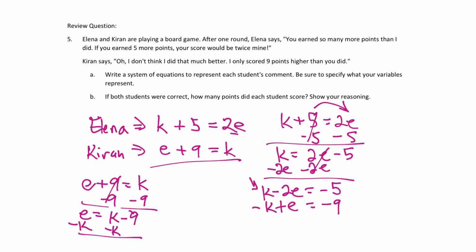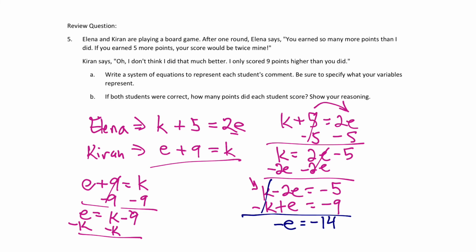Now I can add these equations to eliminate the K's. K minus K is 0. Negative 2E plus E is negative E. And negative 5 and negative 9 will be negative 14.